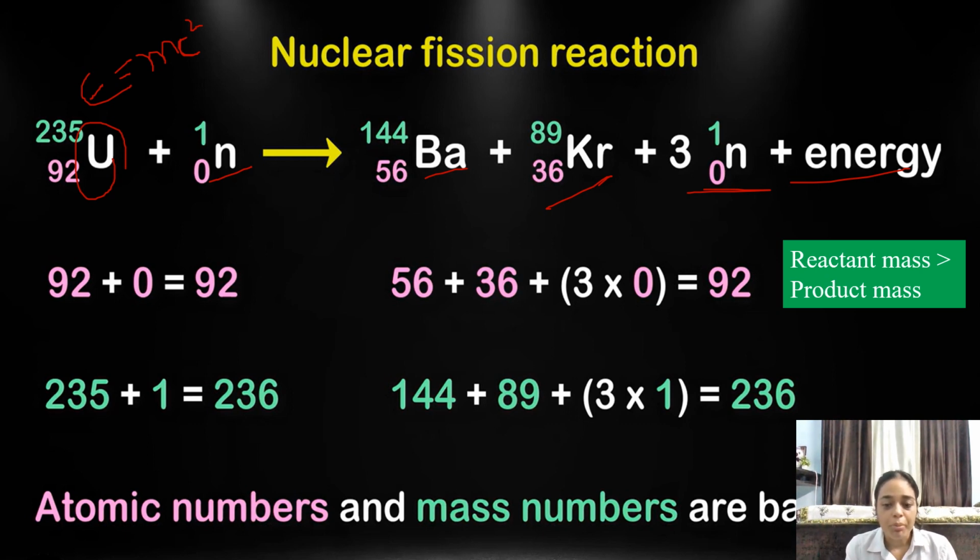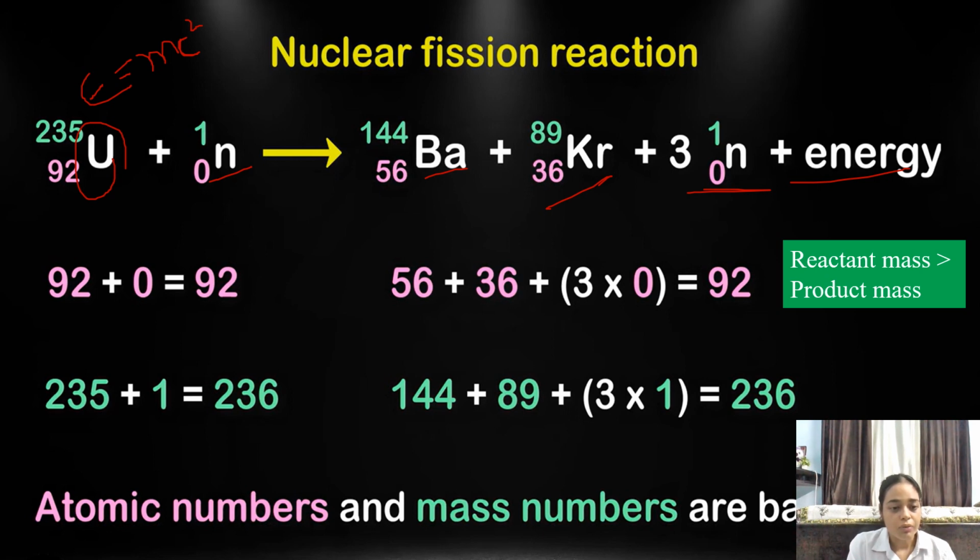The atomic numbers and mass numbers are balanced here. As you can see, 92 plus the neutron's 0. Sorry, that's the atomic number. So the atomic number is the same on both the left-hand side and right-hand side.